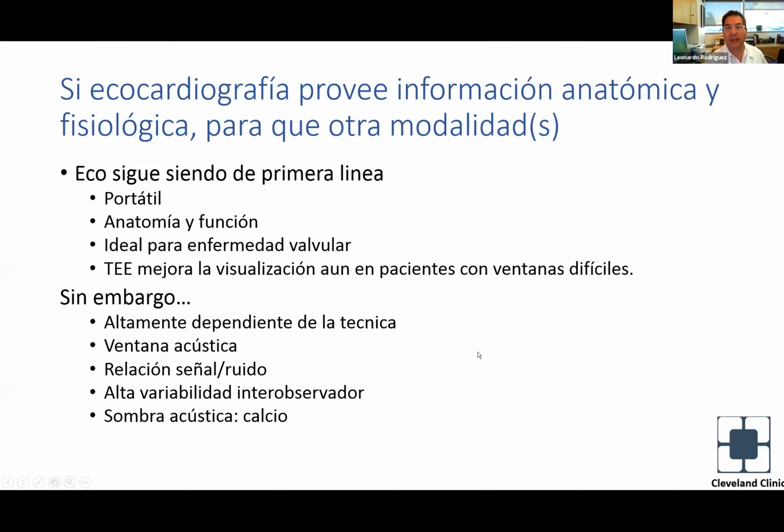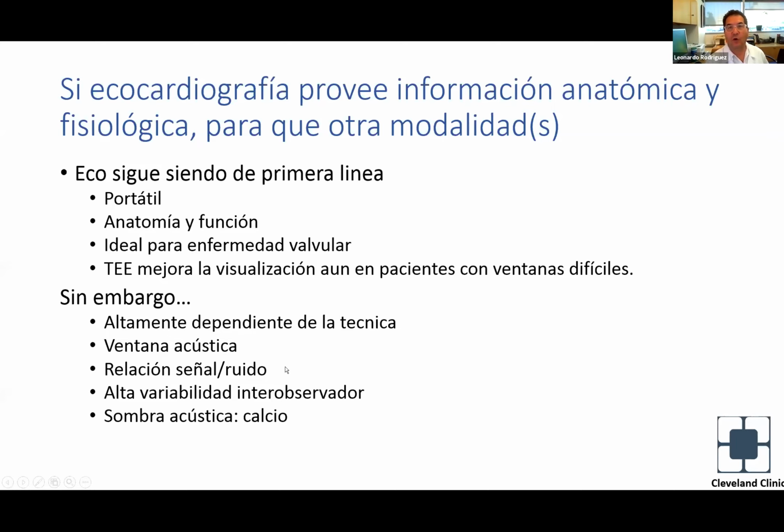Sin embargo, tiene obviamente muchas limitaciones. Una, que es altamente dependiente de la persona que lo hace. Si el técnico o el médico que recoge estas imágenes no hace un trabajo completo y excelente, la visualización y la interpretación pueden ser dudosas. La ventana acústica también depende, y les pongo el ejemplo de Ohio, donde yo trabajo, donde la obesidad es bastante importante, y también hay pacientes que fuman.